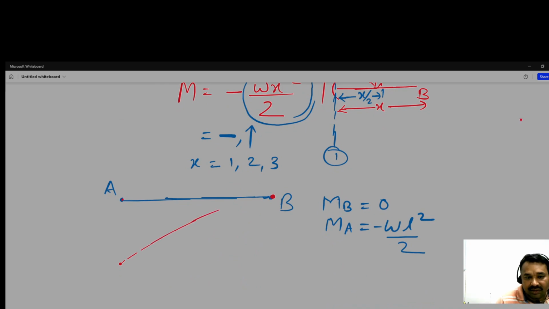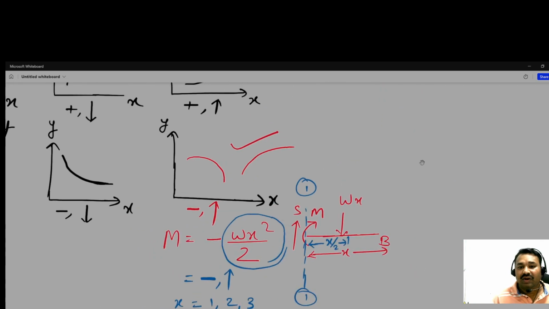Like this one, and it is minus and it is parabolic. Okay, parabolic, and whether it is concave or convex, so it is concave.